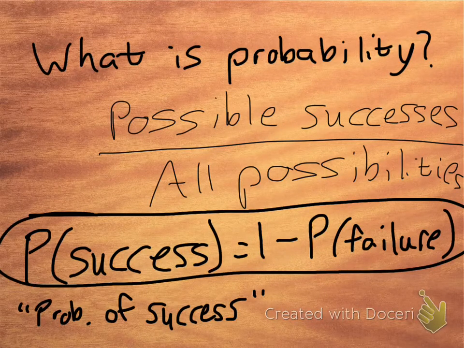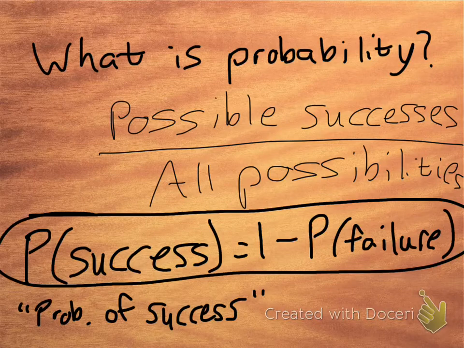And we use this number 1 here because 1 means 100% chance. All of your possibilities add up to 100%. So success equals 100% minus the percent of failure, or vice versa: failing is 100% minus the percent that you succeed. So that's just a general overview of probability.